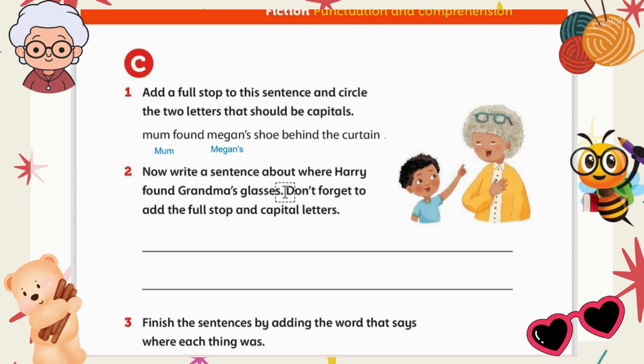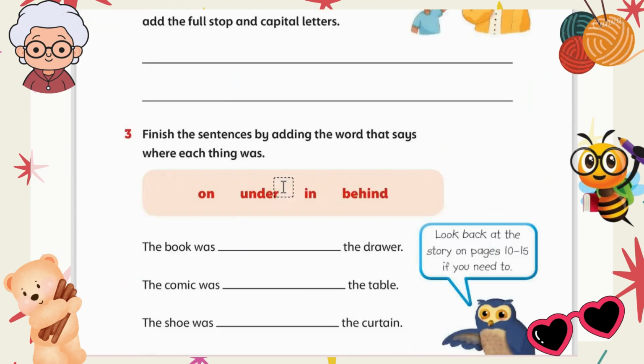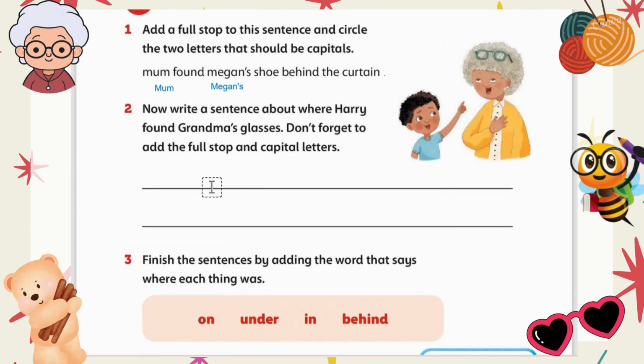Now write a sentence about where the grandma's glasses were. Don't forget to add the full stop and capital letters. So where did Harry find the grandma's glasses? Harry, because Harry is a proper noun, H will be capital. Harry found the grandma's glasses. Grandma is again a noun, so we will put the capital letter.